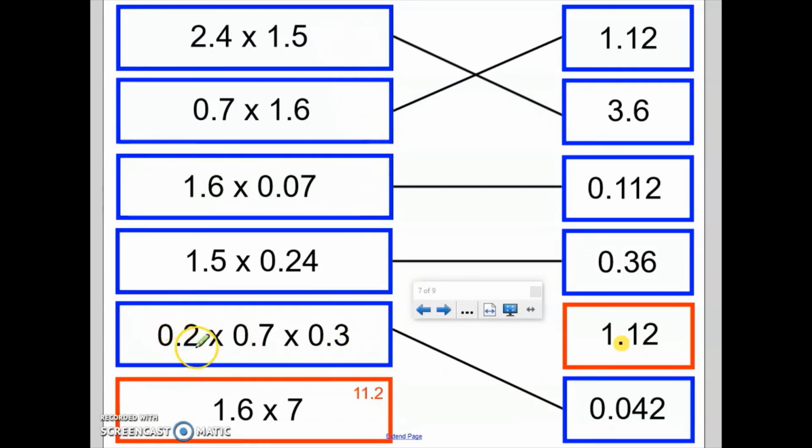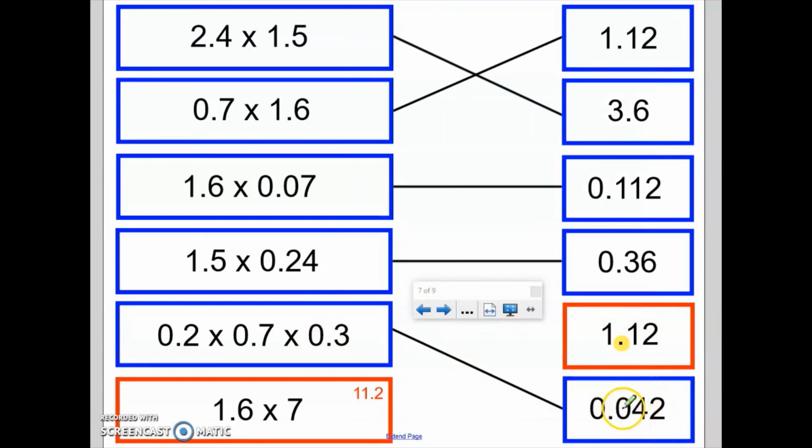You can see we've got one here which includes 3 values to multiply. 0.2 times 0.7 would give me 0.14, which I could then go ahead and multiply by 0.3. That's going to take me down to 0.042.